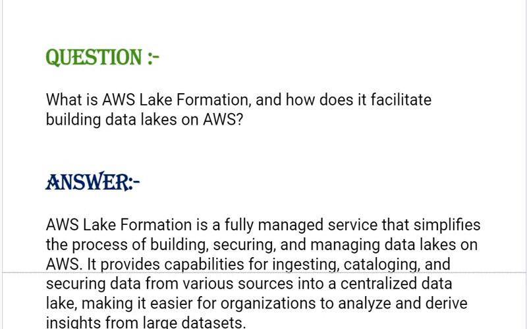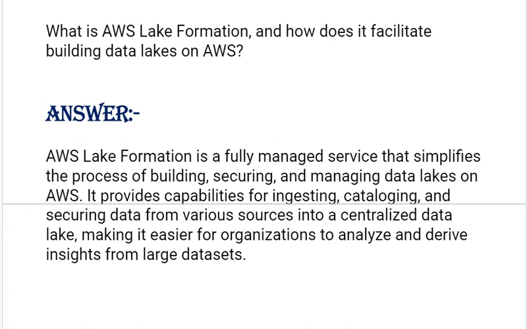Our next interview question is, what is AWS Lake Formation and how does it facilitate building data lakes on AWS? Your answer should be: AWS Lake Formation is a fully managed service that simplifies the process of building, securing, and managing data lakes on AWS.